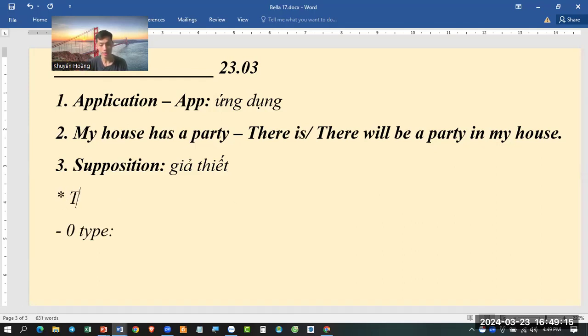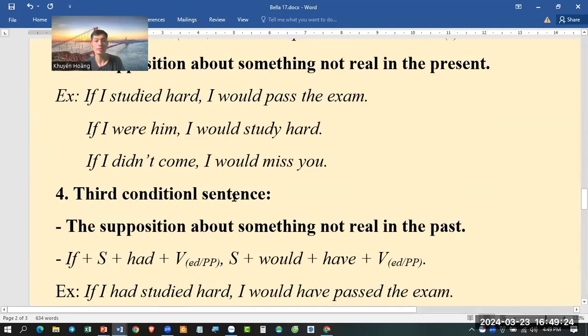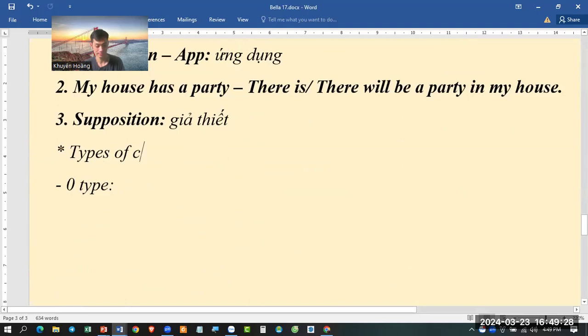So types of conditional sentence, right? I wanna copy because it's pretty long. I'm lazy. But this is not just laziness, I am intelligent, right? Working intelligently.